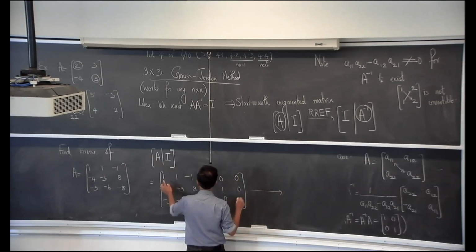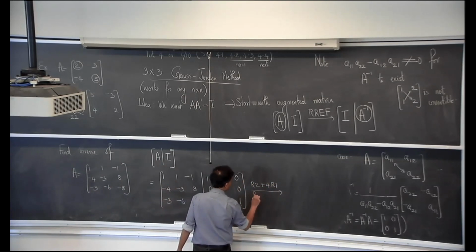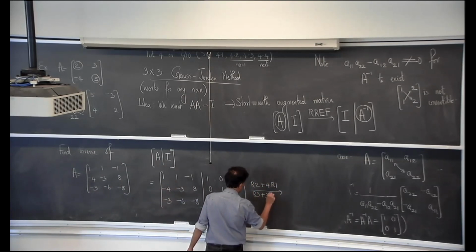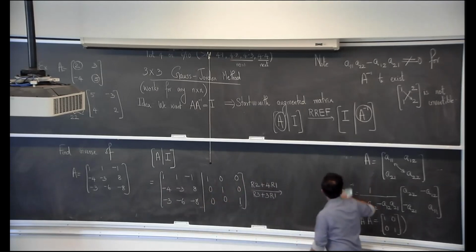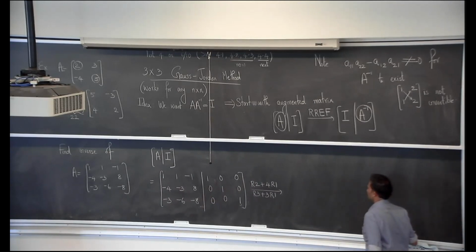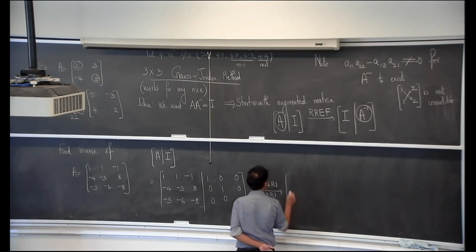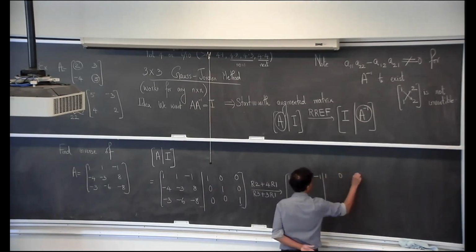So R2 plus 4R1 and R3 plus 3R1. The whole point of augmenting is to make sure that you do it on both sides. That's 1, 1, negative 1, 1, 0, 0.